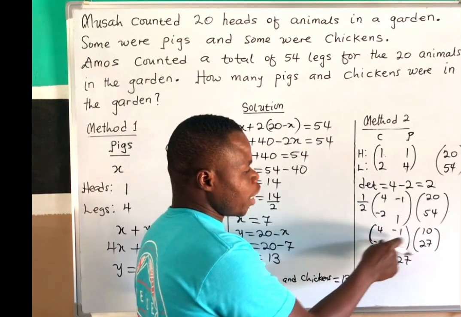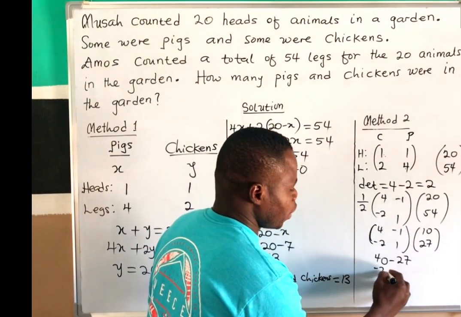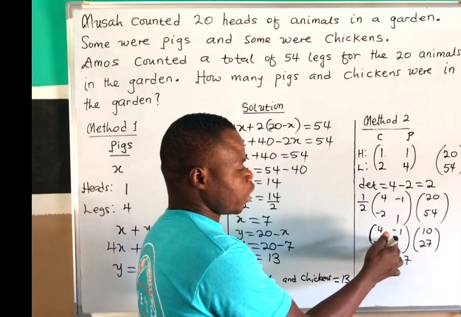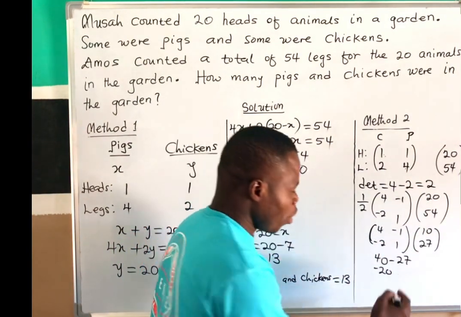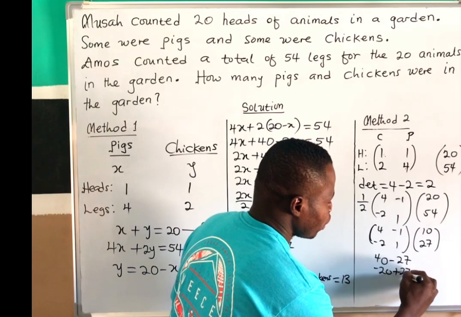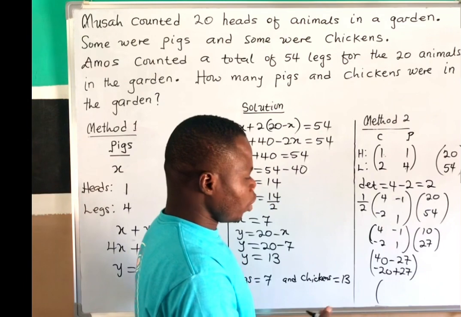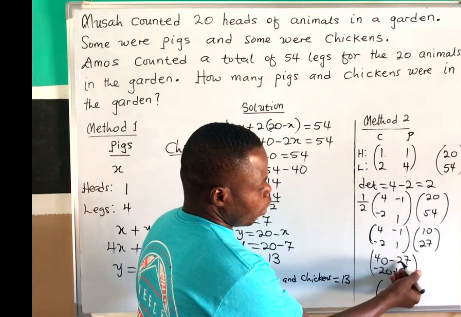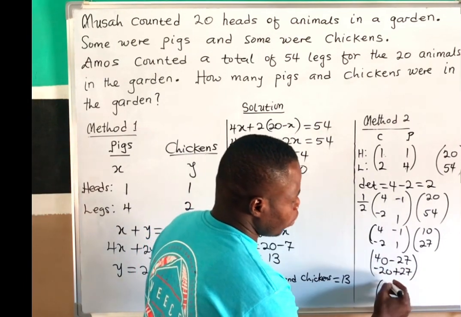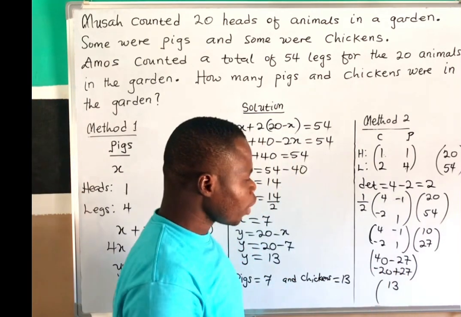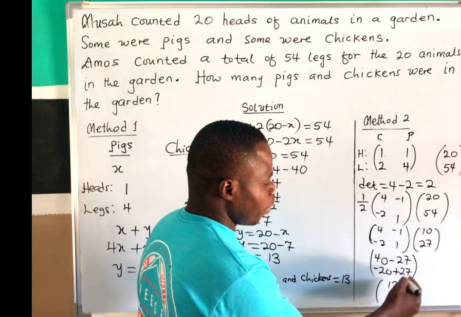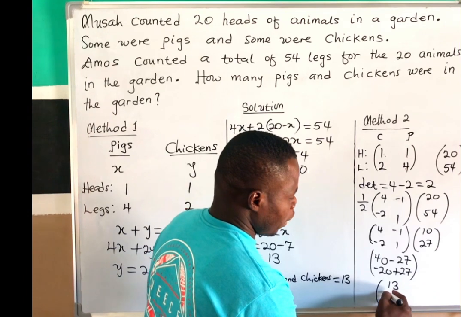Then I will take minus 2 times 10, minus 20. After that, I'll take 1 times 27, and that will give me plus 27. Finally, I will simplify this. 40 minus 27 is 13. And minus 20 plus 27 is 7.